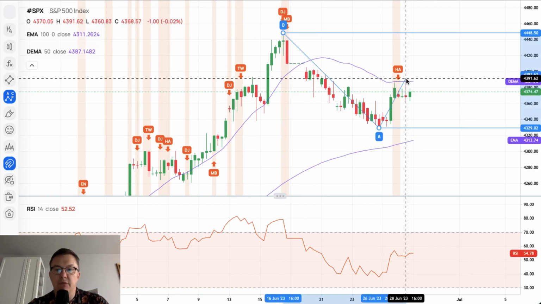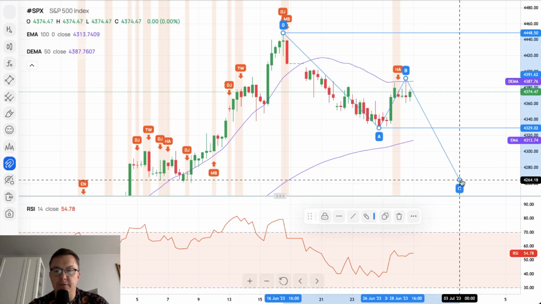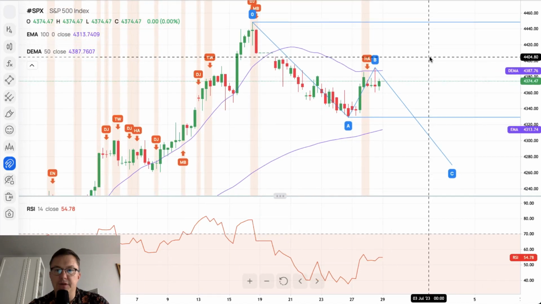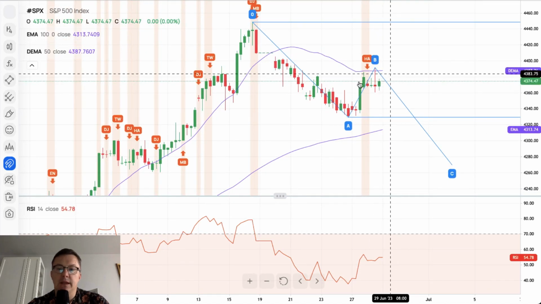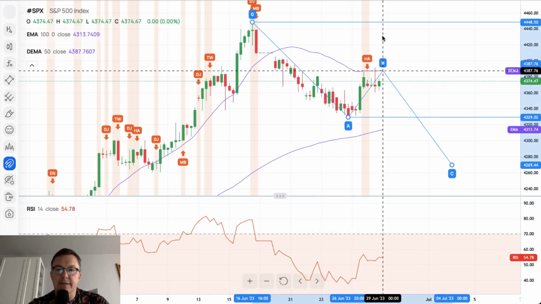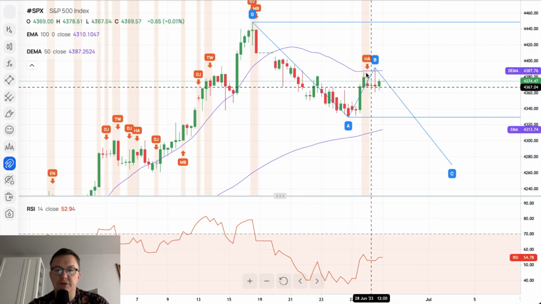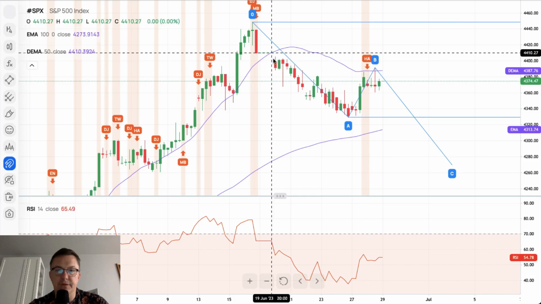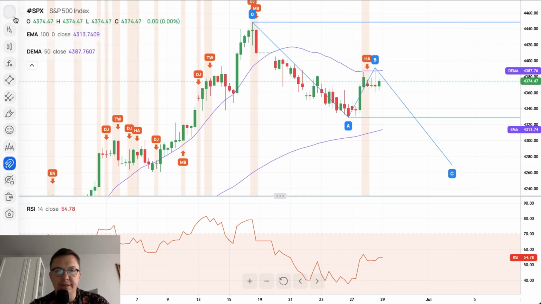So maybe wave A is done, wave B is done, and we should wait for wave C to be made very soon. So breakout means the correction is done and we are going higher. And the rejection means that most likely wave C to the downside will be developed.